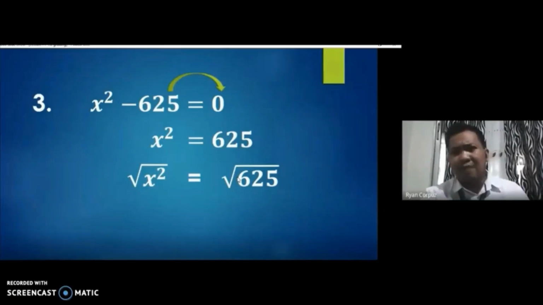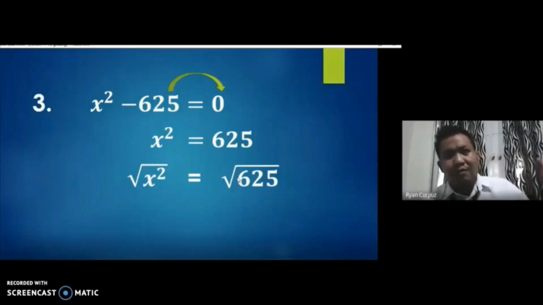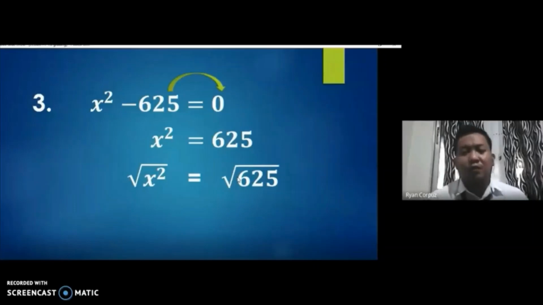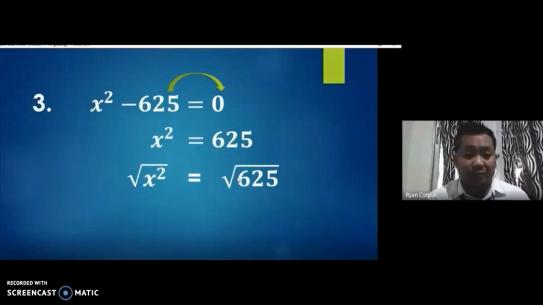By the way, how do we know that a given number is a perfect square? All the numbers from 1 to infinity, if you multiply a number by itself, the answer is a perfect square.